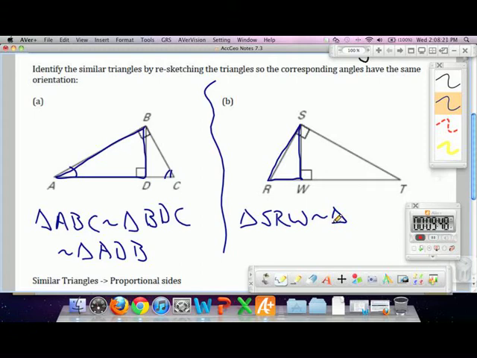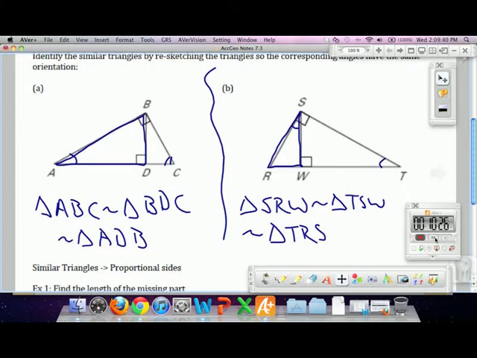SRW is similar to triangle T. See, there's 3 triangles. TRS. Yeah, I know, it's hard. Correct. I'm going to have to practice.